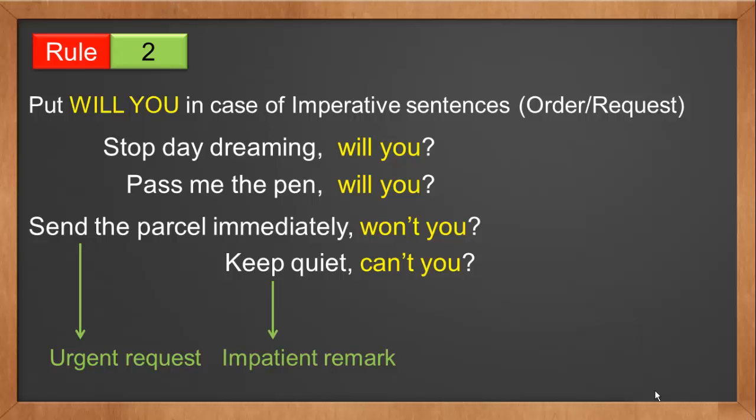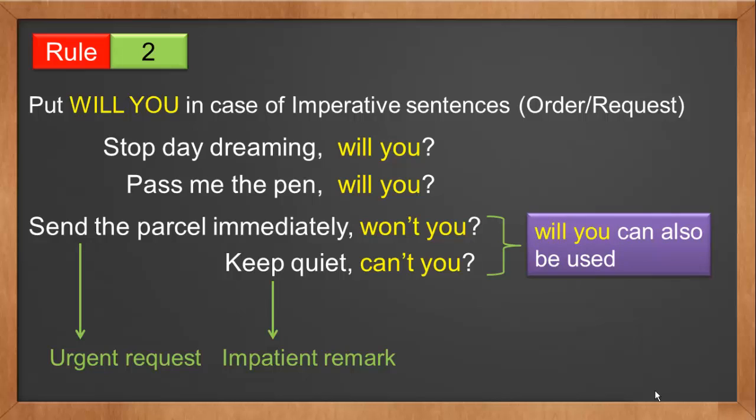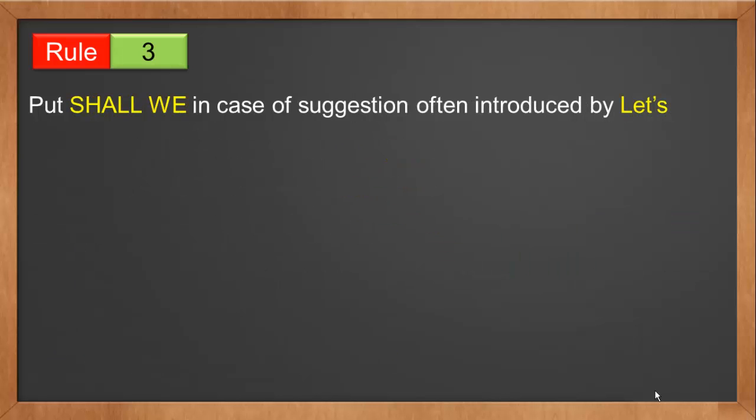Keep quiet, can't you? If there is an impatient remark, you can use can't you also. But you don't have to remember that you have to use won't you for urgent requests or can't you for impatient remarks. Will you will do. Will you can be used for all the above sentences. So just remember, use will you in case of order or request sentences.